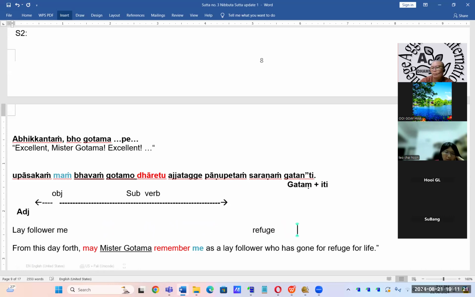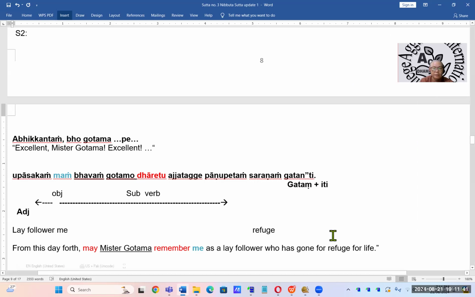Gatam. What's the meaning of gatam? Sister Wong, what's the meaning of gatam? Okay, I think she's not wrong. Gata means gone, has gone.